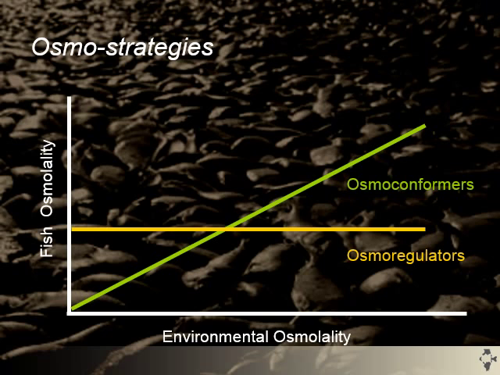If we were talking about an osmoconforming fish, as the environmental concentration of solutes, or salinity essentially, increases, the osmolality of the fish will also increase. That's the conforming part of osmoconformer. Of course, osmoregulators maintain their osmolality at a set point that's appropriate for their physiological processes, regardless of what's going on in the environment.